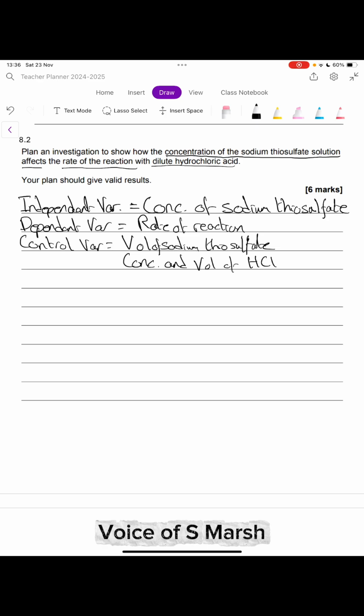So let's go through our steps. Step 1, we've got to state what we're using: a measuring cylinder. Add, and the amount isn't really essential. You can get away with saying different amounts.